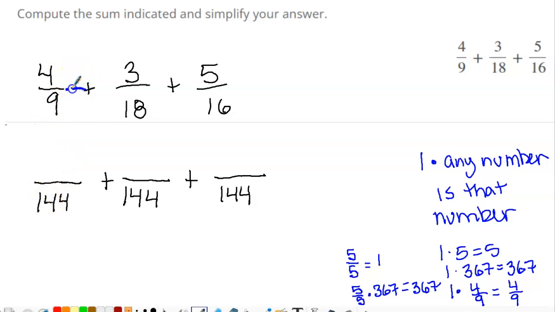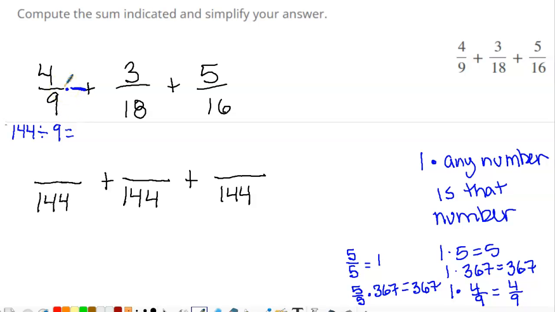So if I know my goal is to turn this 9 into a 144, I need to know what times 9 equals 144. If my brain won't go there, another way to do that is to go ahead and divide 144 divided by 9, and that will give me the answer.